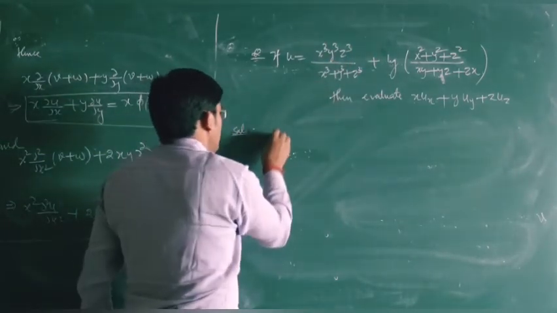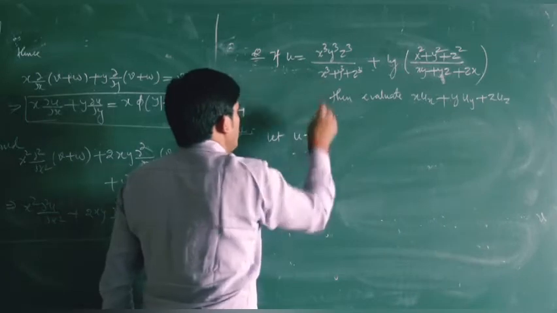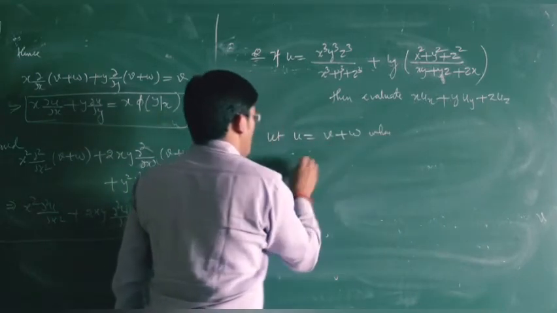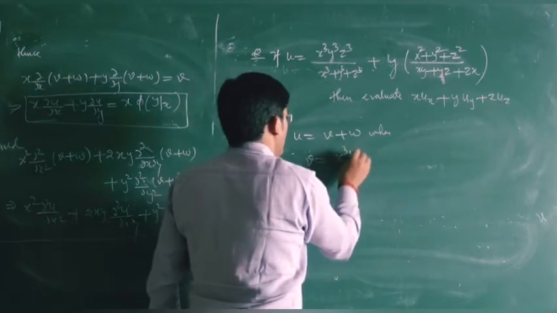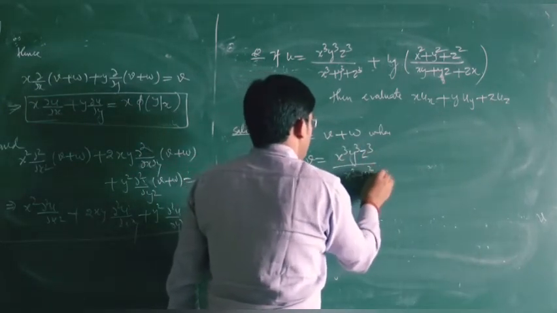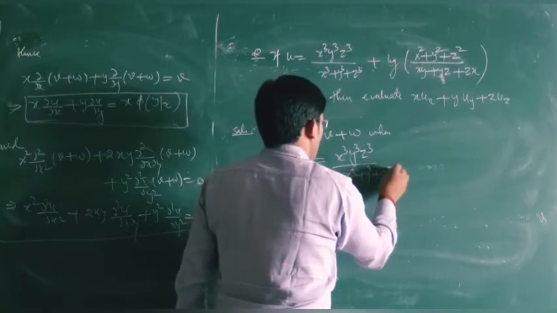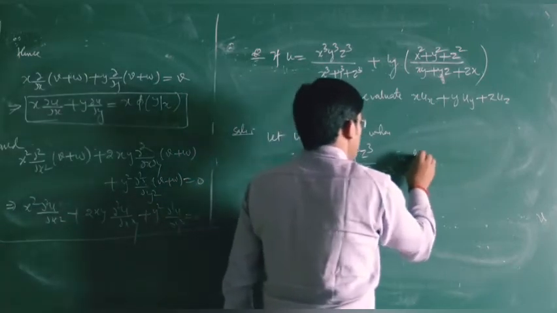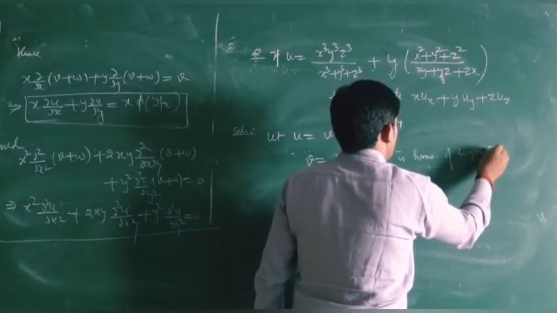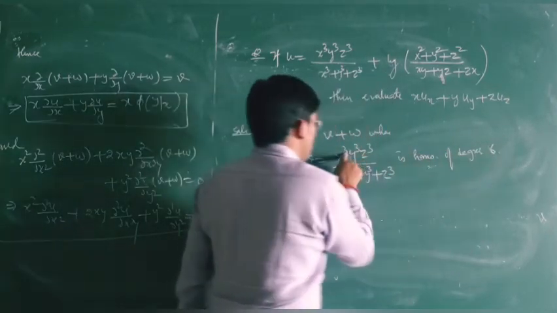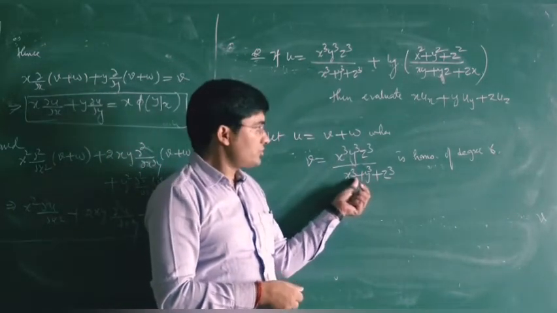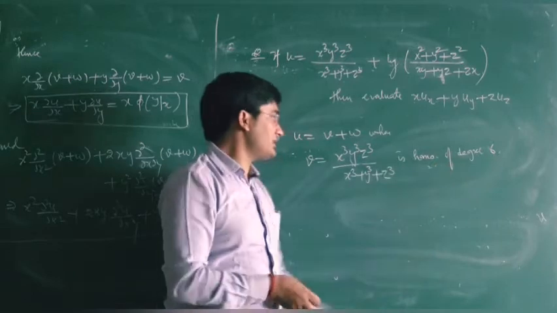So let us write again u equal to v plus w, where v equals x cube y cube z cube upon x cube plus y cube plus z cube, and is homogeneous of degree 6, because the degree of the numerator is 9 and the degree of the denominator is 3, so 9 minus 3 means the degree is 6.